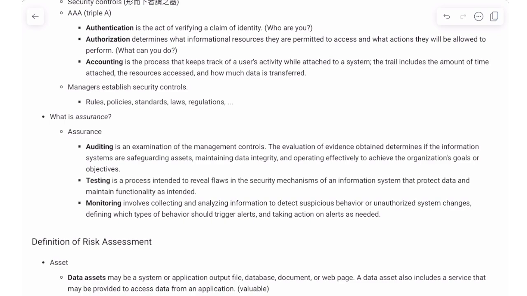And every time we set up the monitor, we need to check the subject we monitored to see if it violates those security control rules, policies, or standards. So that is the thing the auditor needs to do.